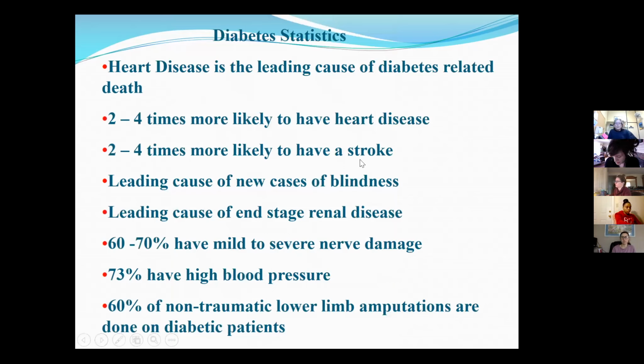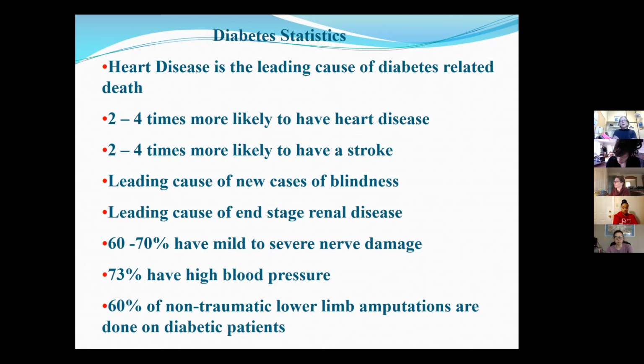So when I talked about long-term complications, this slide takes a look at how significantly diabetes affects these various long-term complications. So a person with diabetes compared to a non-diabetic is 2 to 4 times more likely to have heart disease. They're 2 to 4 times more likely to have a stroke.